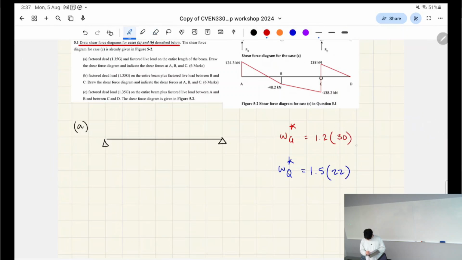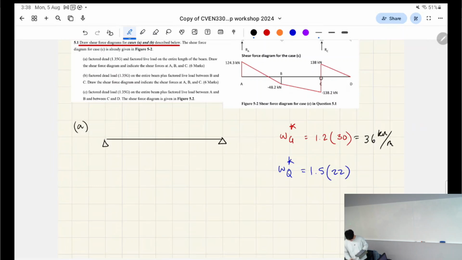Let's calculate what these distributed loads are first. Sorry, my arithmetic's really bad.